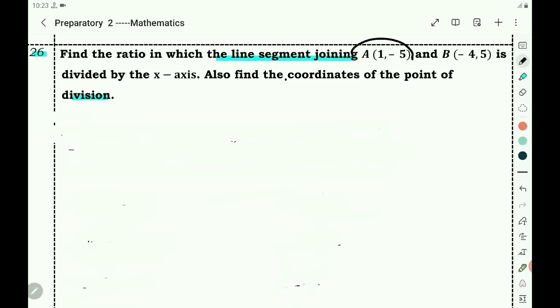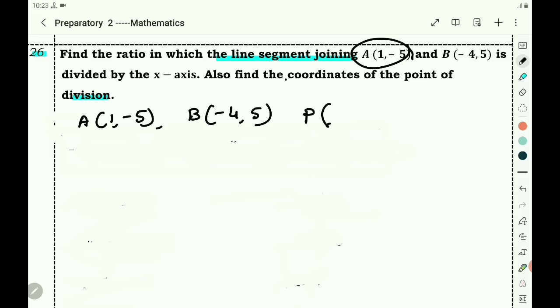Here A (1, minus 5), B (minus 4, 5), and let us take the point of division as P, that is a point on the x-axis.